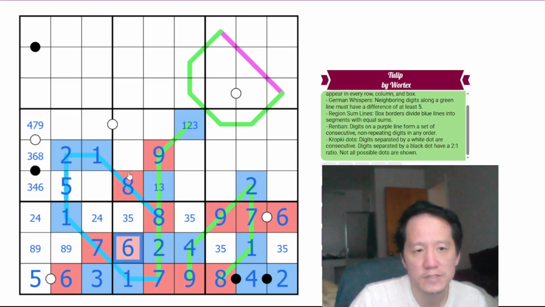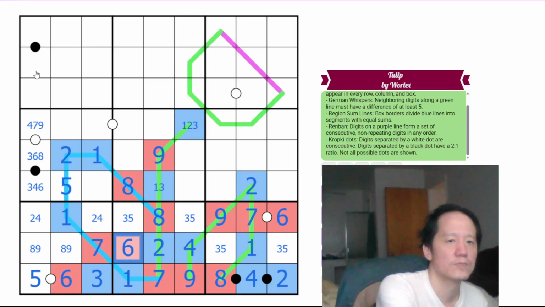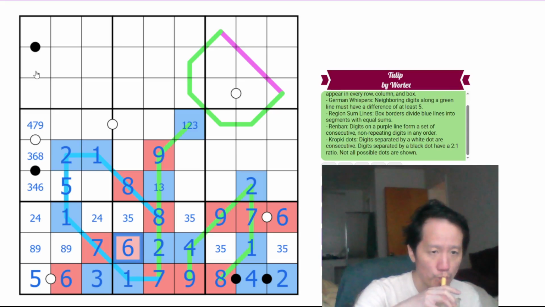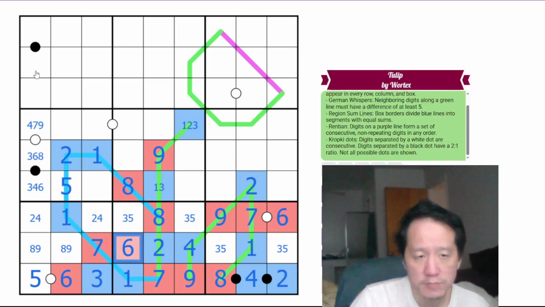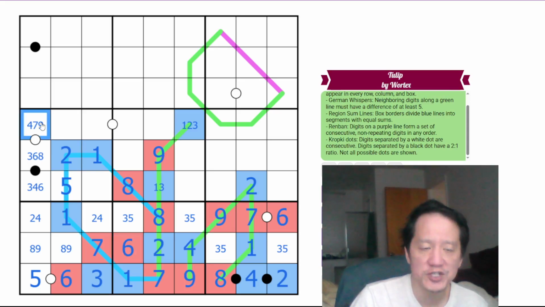Okay, let's see. If this is 9, that would force this to be 8, and that would eliminate all possibilities for any cell here.